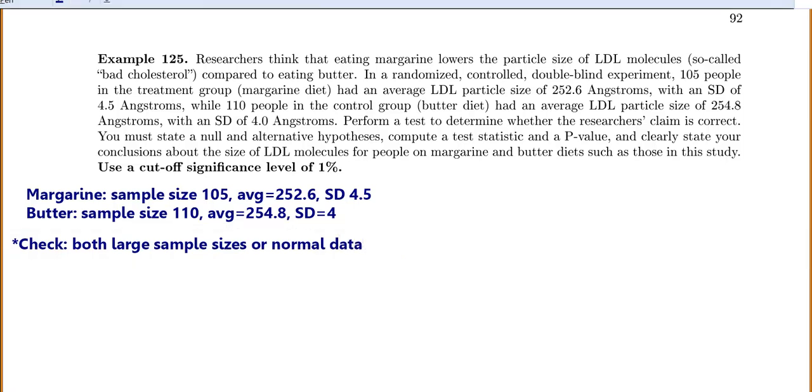So do I have one of those in this situation, and which one? Large sample size. Okay, we do have large sample sizes for both of them, and so we can go ahead and do this one.